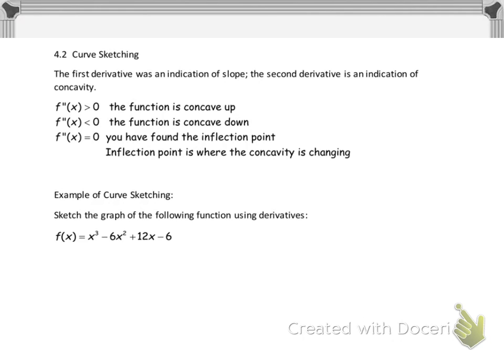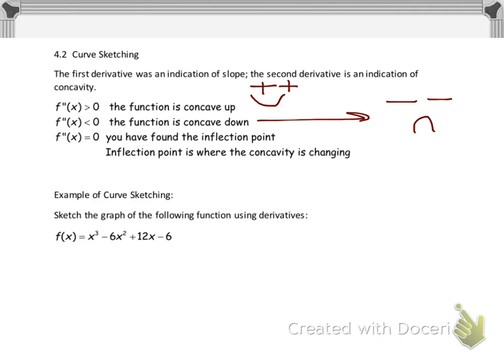Okay, I've summarized some curve sketching items here. The first derivative was an indication of slope. Taking the second derivative gives us an indication of concavity. If the second derivative is greater than 0, so if it's positive, your function is concave up. If the second derivative is negative, your function is concave down.